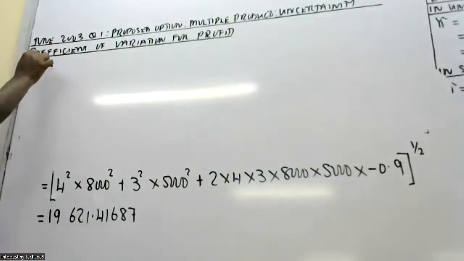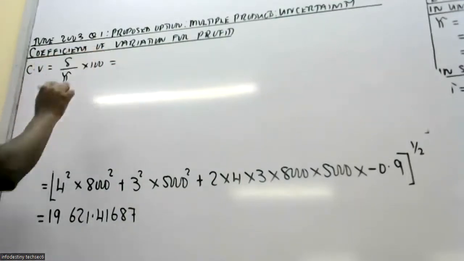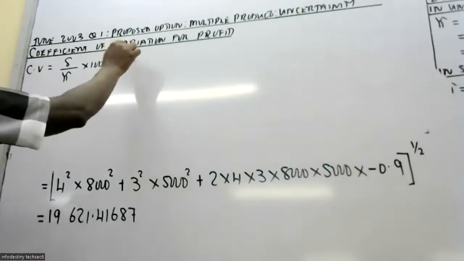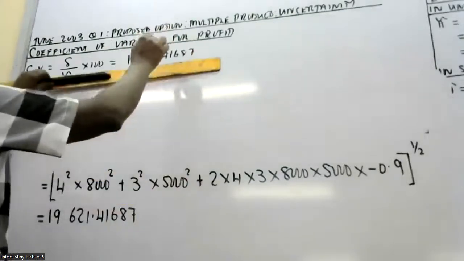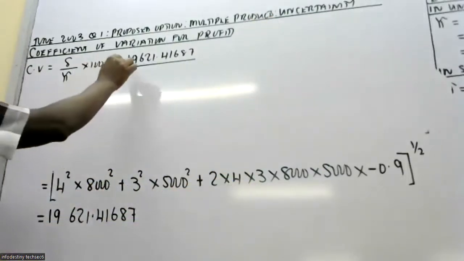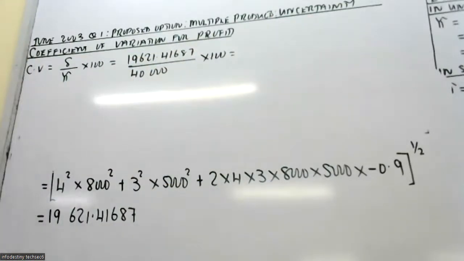Now, CV we know so well, it is the standard deviation you divide by the profit times 100. So our standard deviation is 19,621.41687. So profit, you can decide which one to use. You can use either 39 or 40, whichever you want. Let me use the 40,000 one. So that is how the question was supposed to be handled.